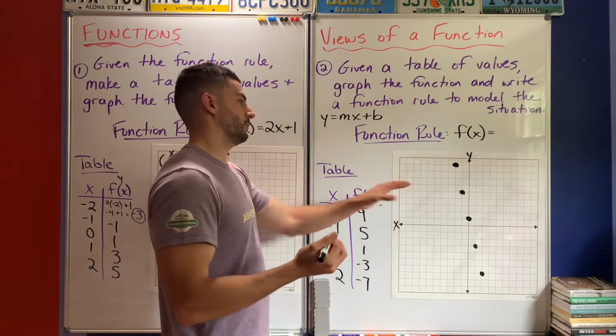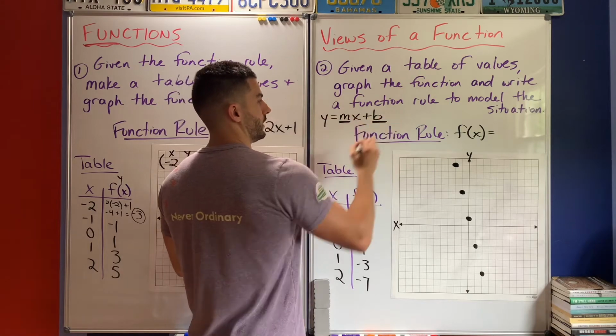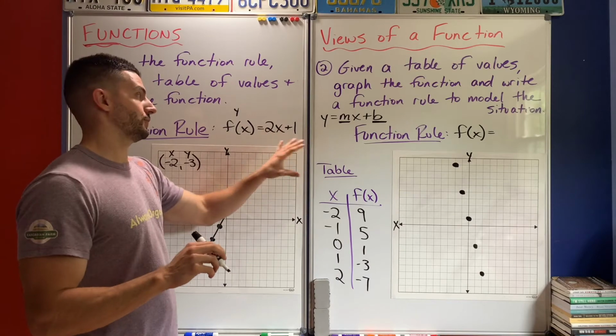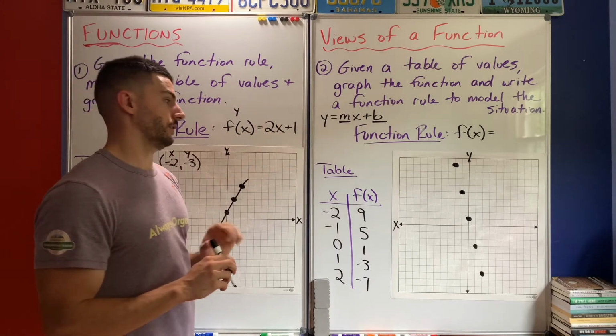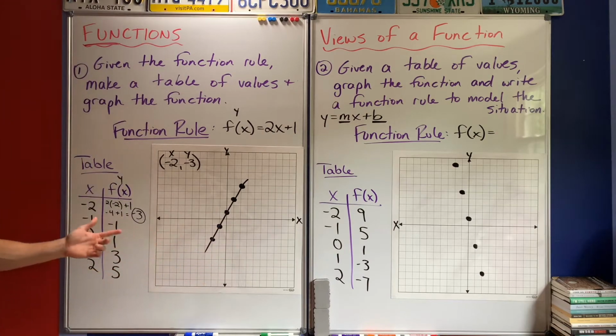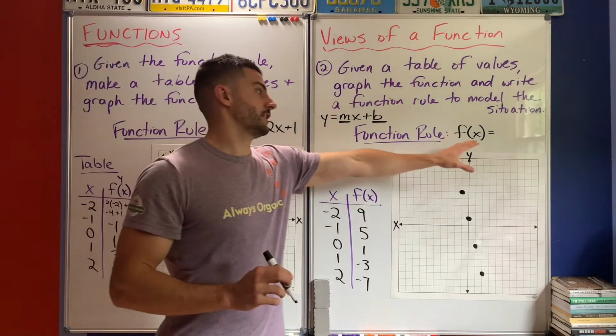It has a lot to do with how we graph lines, but we still need to know what these letters mean. It gives us the general template that we're going to use here. What I want to look for is that pattern. I mentioned that in the last video too. There's a pattern in your table when you have a function rule that's defined by an equation.